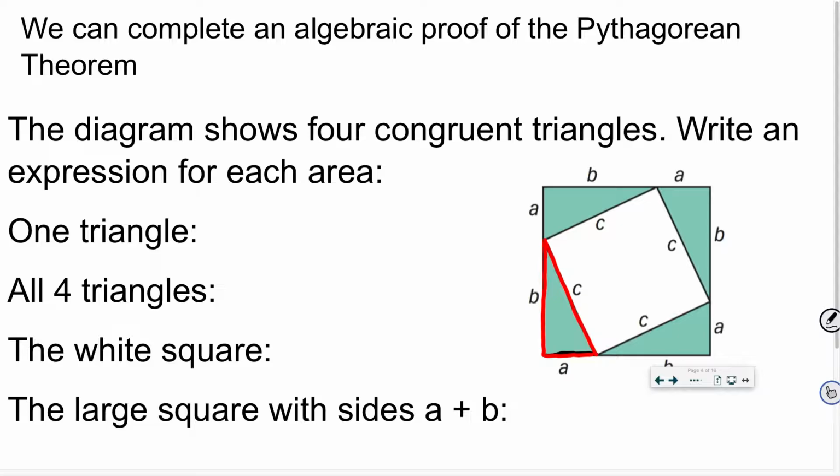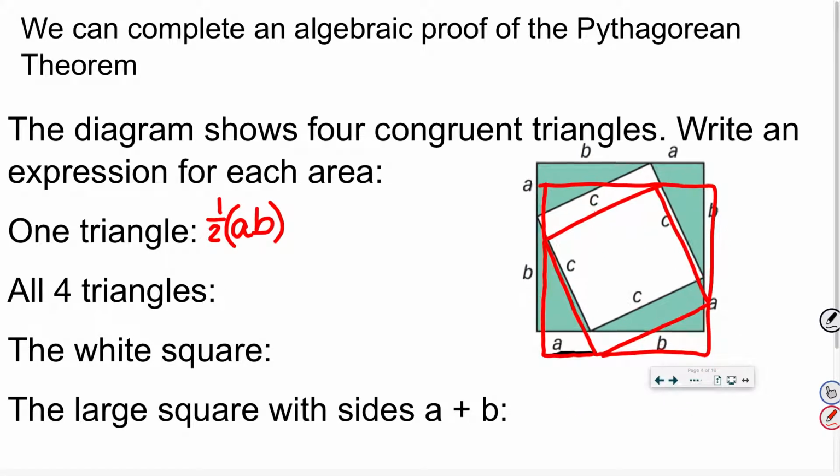So one of the triangles would be A times B, but then what do I have to do to it? You got to divide by 2. Divide by 2. Okay, so I can even show 1/2 times A times B. So this is half AB, this is half AB, this is half AB, and this is half AB, because they're the same triangle.